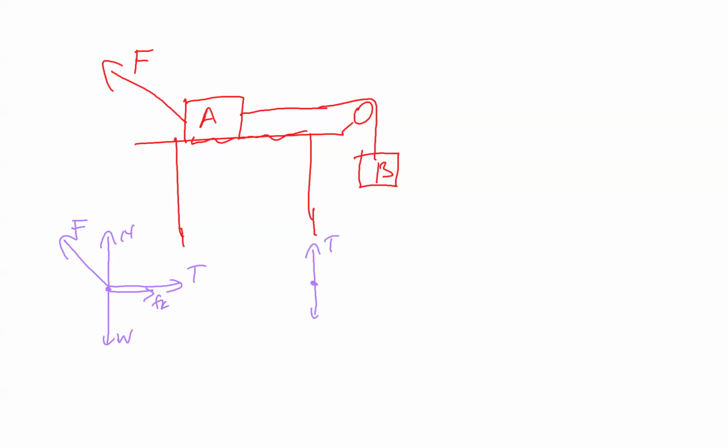So on B, it's only two forces: tension and weight. There is no normal force on an object that is just hanging. Because for normal force, an object must be in contact with the surface. So defining Fnet here, of course, we're going to add the components.